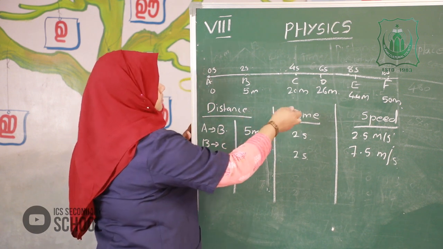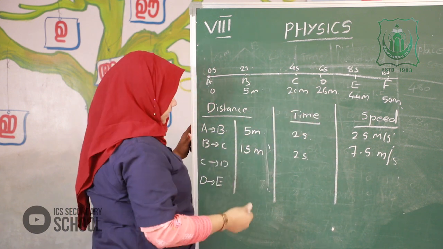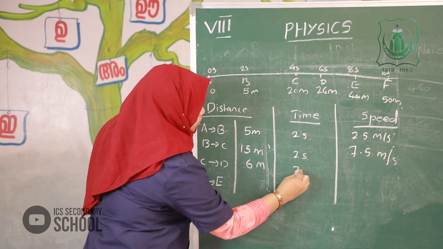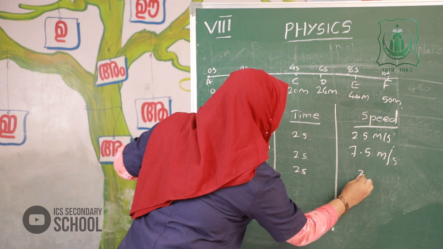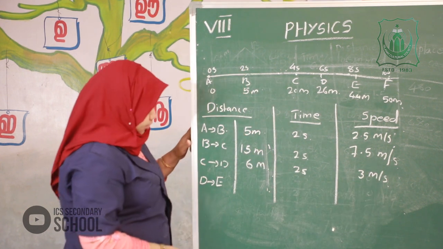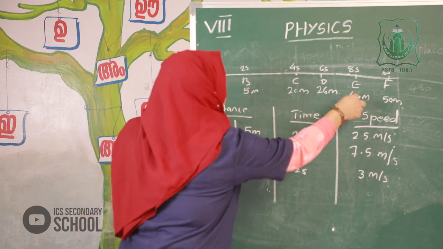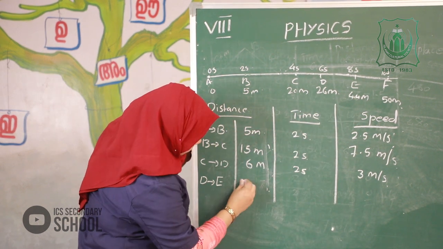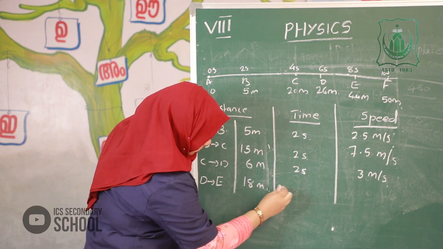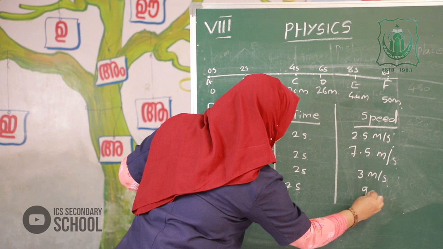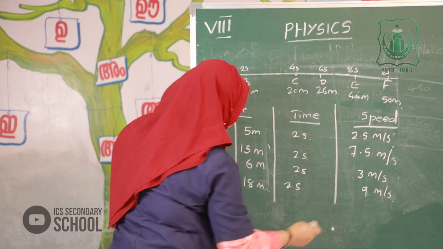Then C to D. C to D, 20 to 26, which is 6 meter, 2 seconds, we get 3 meter per second. That is 6 divided by 2. Then D to E, 26 to 44, 18 meter, 2 seconds, 18 by 2, 9 meter per second.